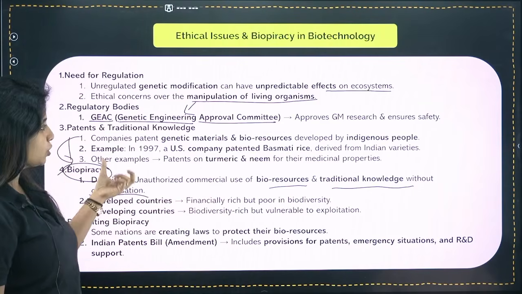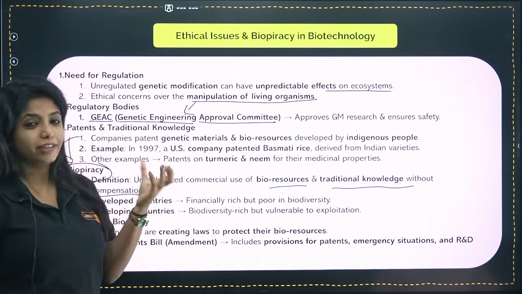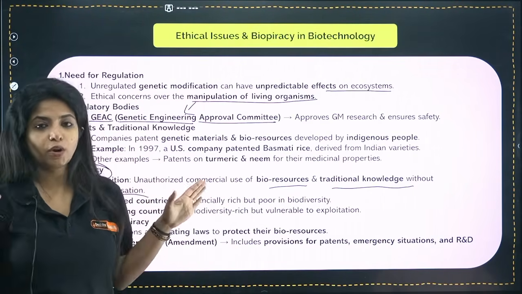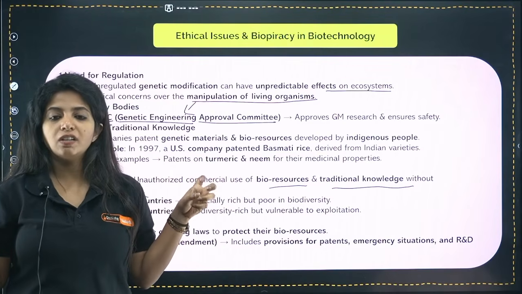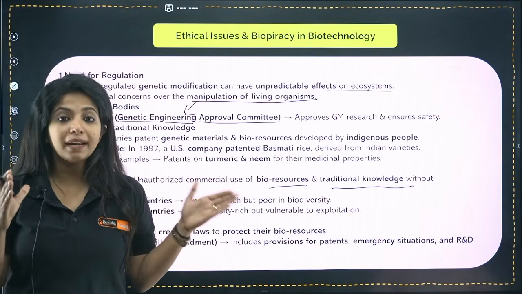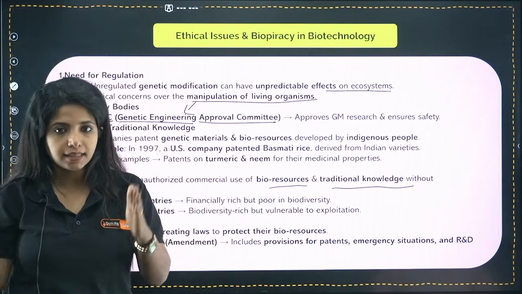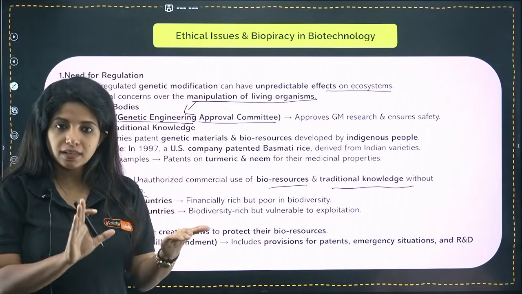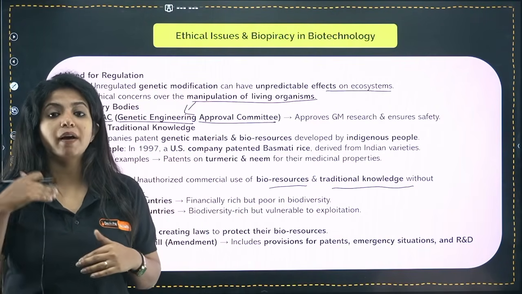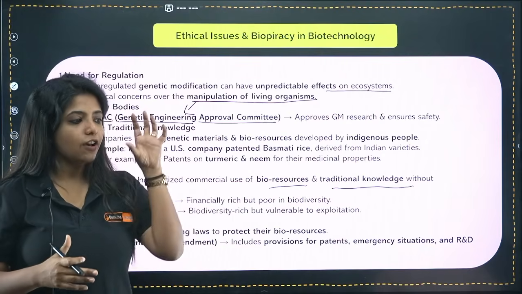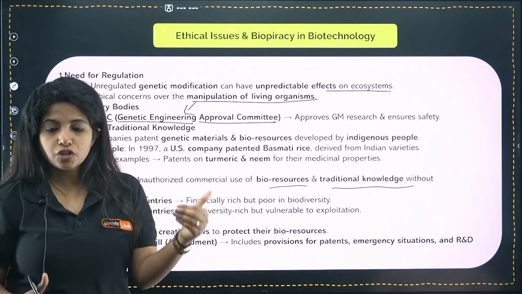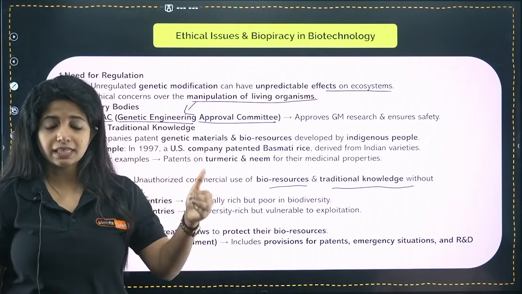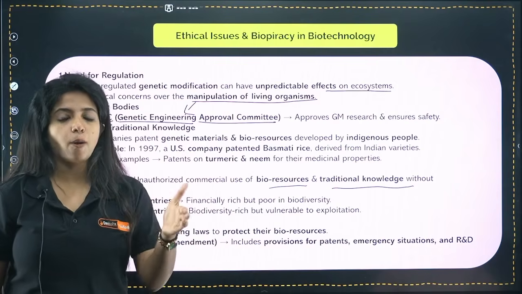And as I said, this process of when you say that no one else can produce it or sell it is known as what? Patency. Now, against patency, you should understand that there is something known as biopiracy. Biopiracy is when some people commercially sell the bioresources without giving proper compensation.